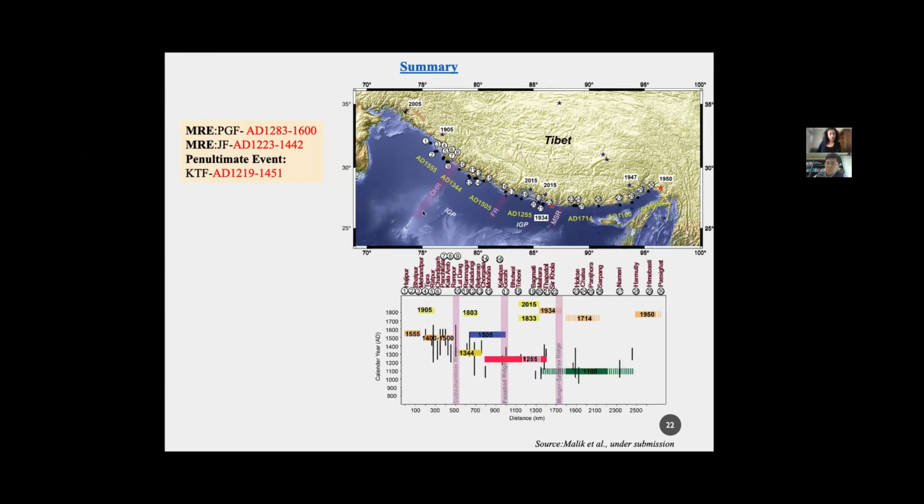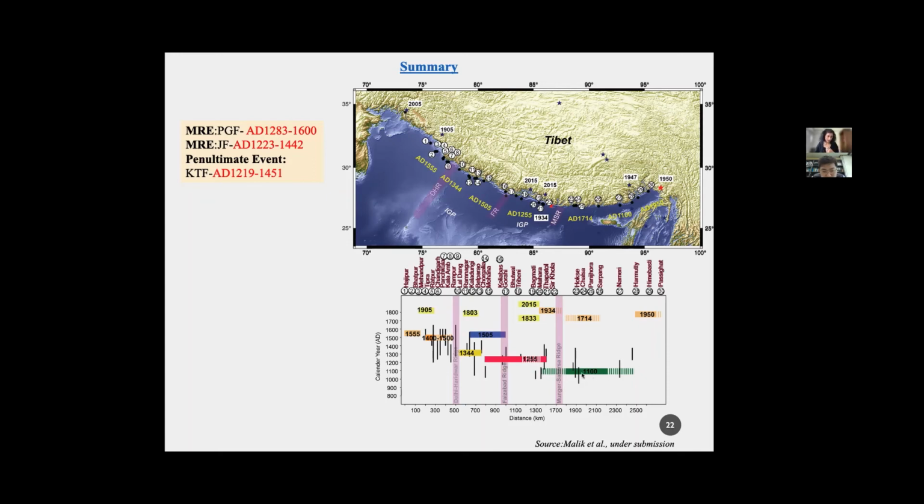Also, we compiled paleoseismic data from trenches that have been excavated along the Himalayan arc, and we suggest that there is a westward migration of earthquakes in historical times.